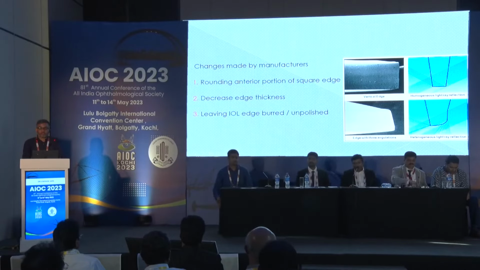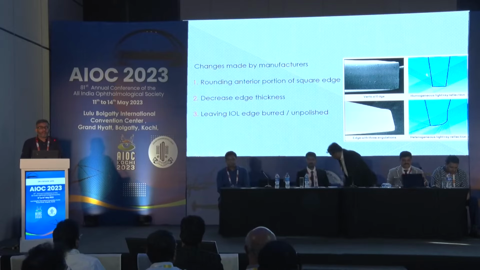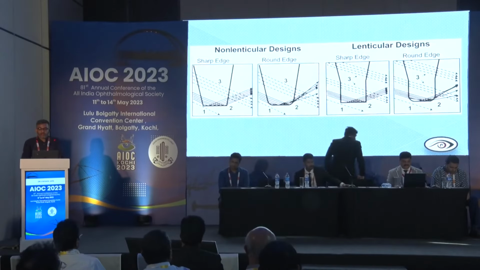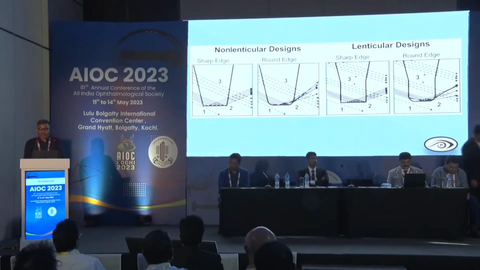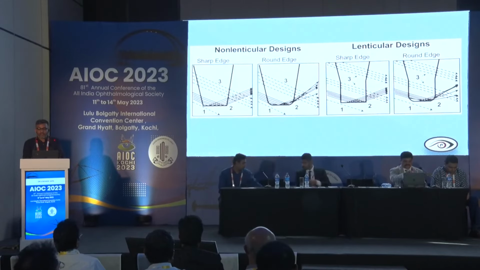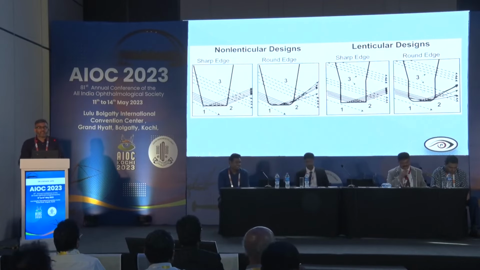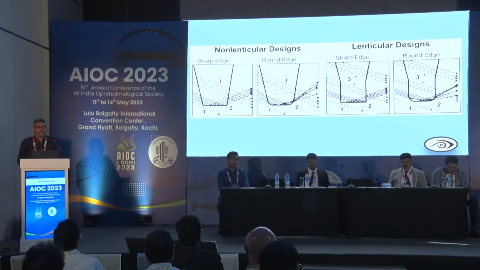As long as it's not totally internally reflected, this edge glare won't be there. And also a decrease in the thickness at the periphery. Here, if you see, it's a lenticular design. In the periphery, the thickness is decreased. These changes have been incorporated by most manufacturers over the past 10 years or so, and therefore these positive dysphotopsia are rarely seen in patients now.